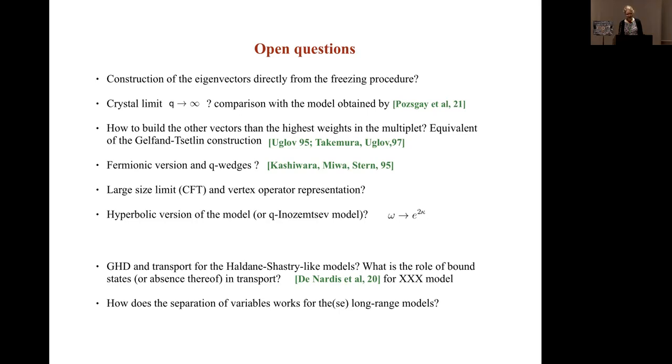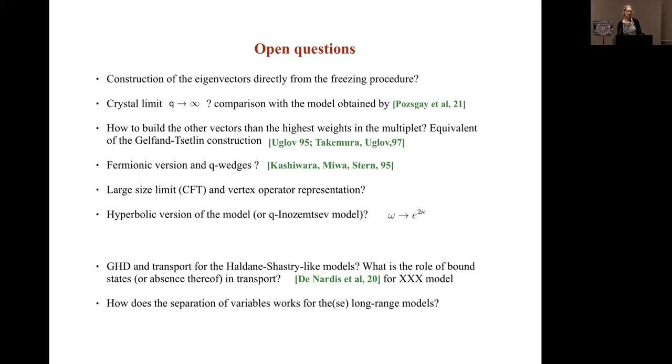One problem of these models is that they have a quadratic dispersion relation, and we don't see any trace of crossing symmetry.